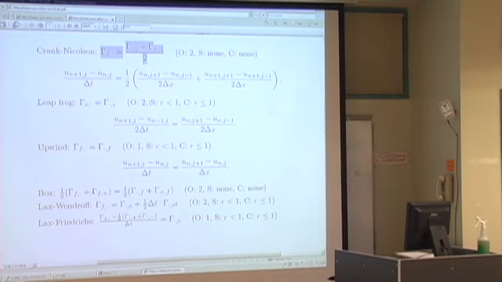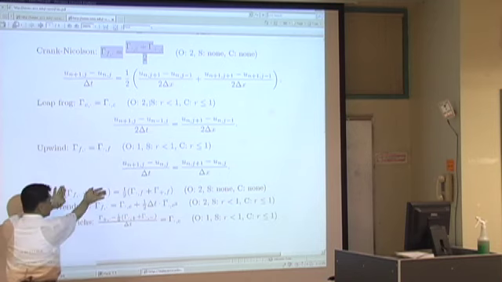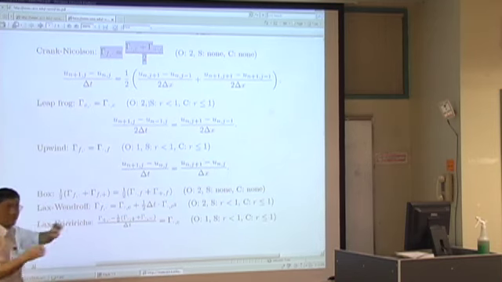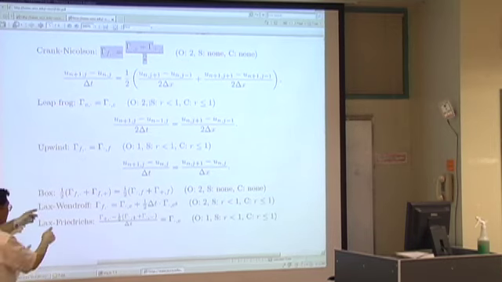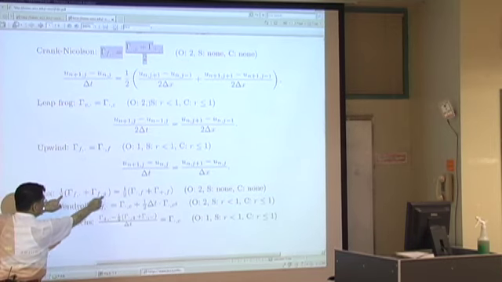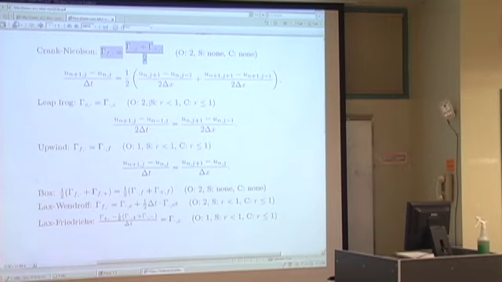And the upwind method is this one. And the box method averages differentiation. In other words, this itself is differentiation, right? F or C or B represents differentiation. So it is differentiated, but it is averaged, right? That's like Crank-Nicolson, but averaging both. And the Lax method is a little bit awkward.